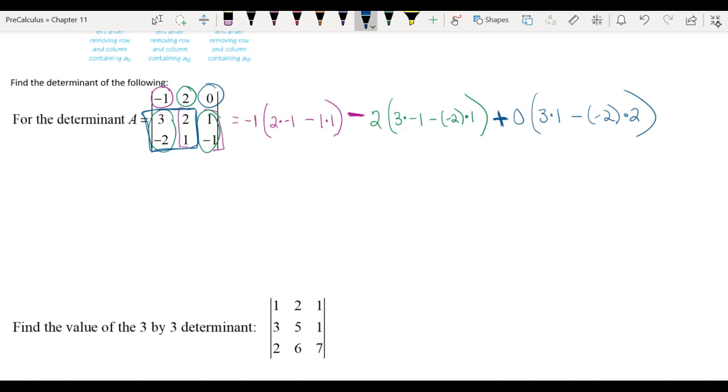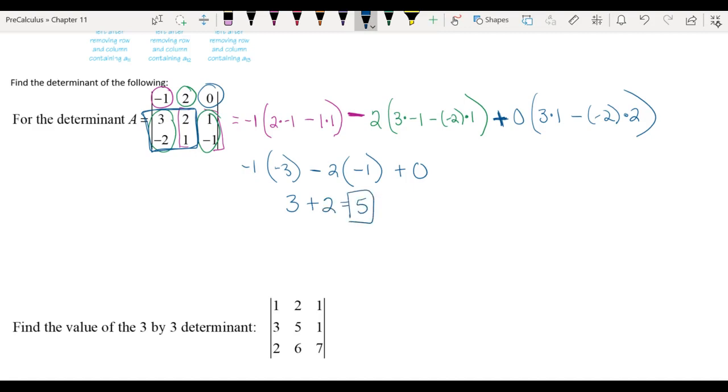Okay? So then your total determinant here would be negative 1 times, what, negative 3 there, minus 2 times negative 3 plus 2, which is negative 1, plus, and then this part would all be 0, right? So your final answer is 3 plus 2, which is 5.